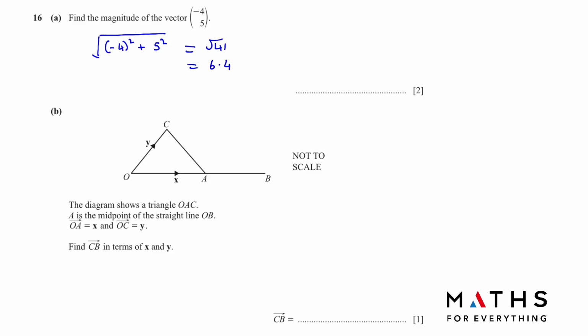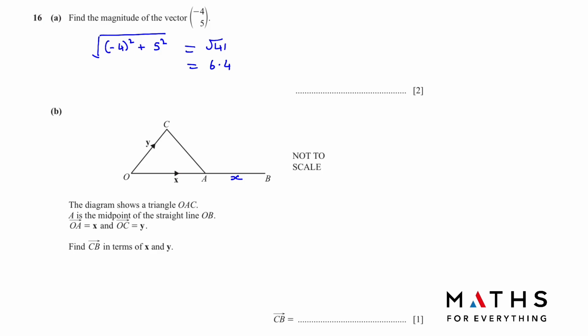Next, the diagram shows a triangle OAC. A is the midpoint of the straight line OB. OA is equal to x and OC is equal to y. Find CB in terms of x and y. Because A is the midpoint of the line OB, AB is going to be x.